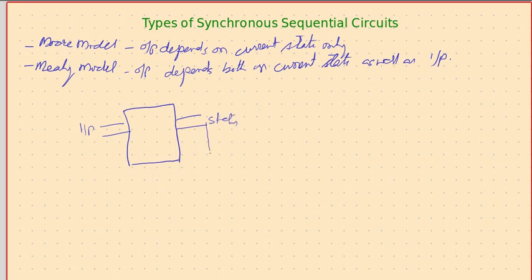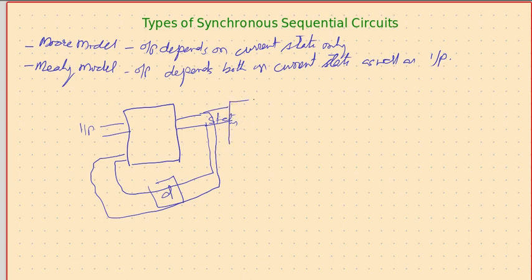Okay, these states are fed back with a delay. Then from the states, outputs are derived. So that's a Moore model.